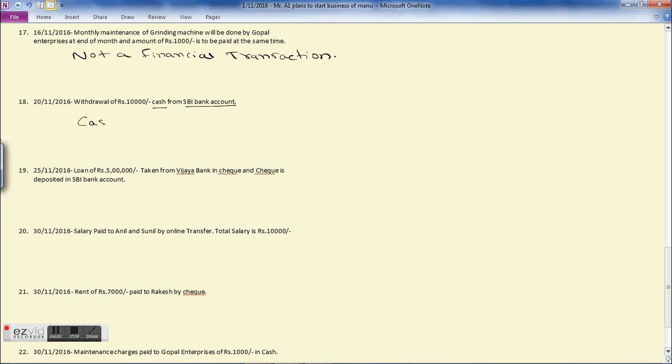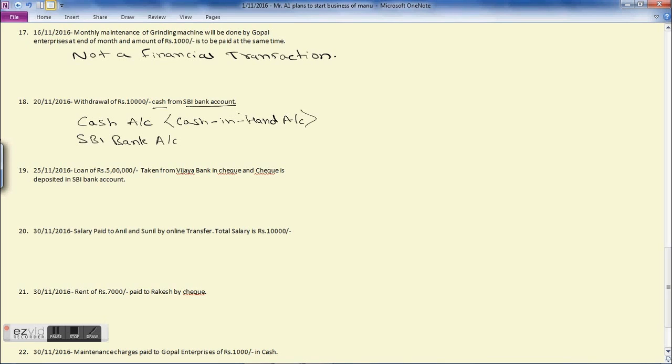One is cash, another one is SBI bank account. This cash account may also be known as cash in hand account, so you can name it cash in hand also.